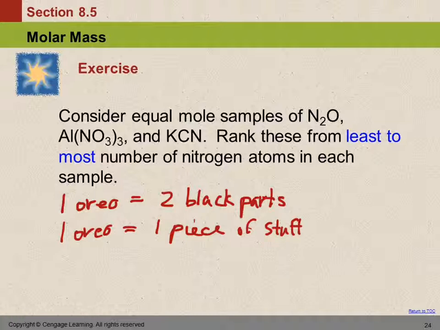It's stuff with 1 F. The white stuff in the middle is the official name for the frosting between the 2 cookies. It's stuff. So there's 1 piece of stuff.